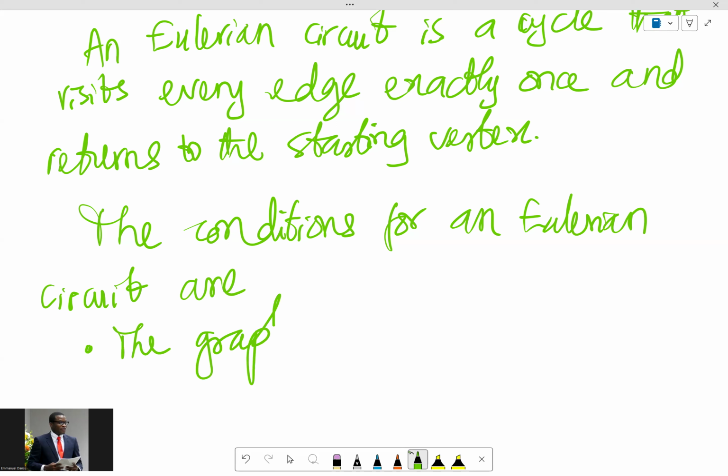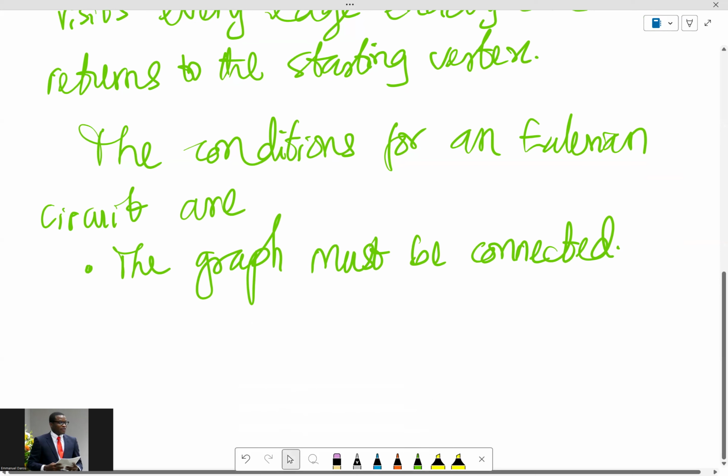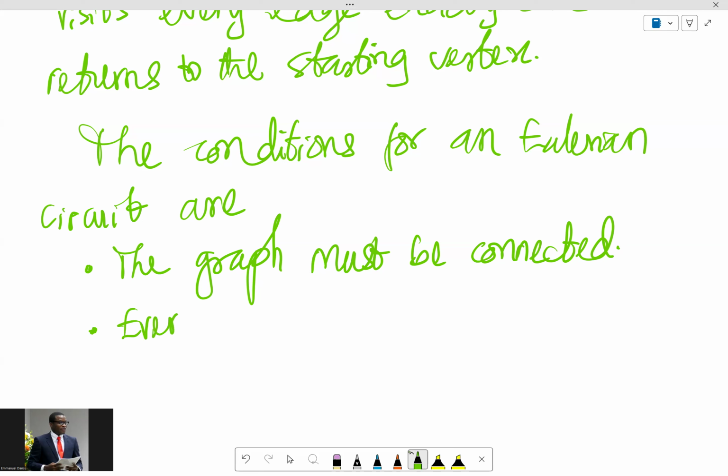When we talk about a graph being connected, it means that you can reach any vertex of the graph from any other vertex, directly or indirectly. There's a path you can follow to get to any particular vertex without leaving the graph, except for isolated vertices.